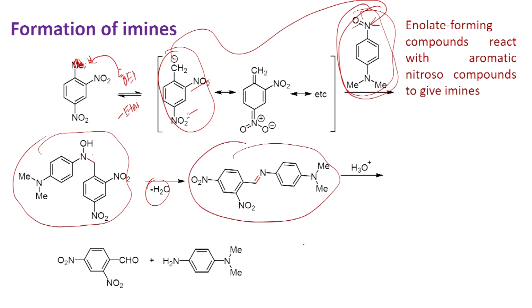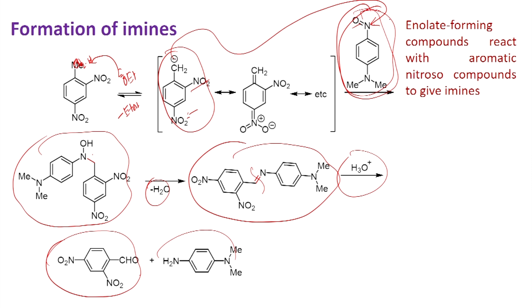Once you form the imine, it can be readily hydrolyzed in acidic conditions, and you will be able to form aldehyde as the product. So as you can see here, if you have toluene which is substituted with an electron withdrawing group like the nitro group, the proton is acidic enough that it can be easily removed by base.